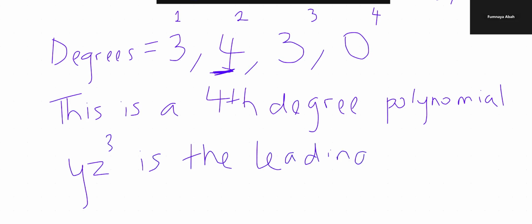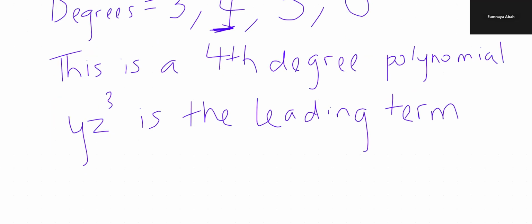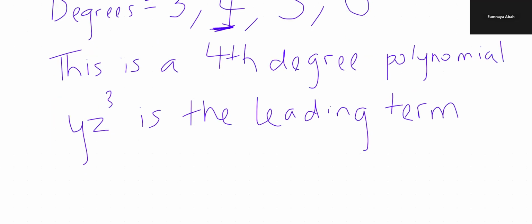And then the coefficient of this is the leading coefficient. And since there's no number in front of it, we can say that there's a 1 here, because 1 times this expression is the same as the expression itself. So 1 is the leading coefficient.